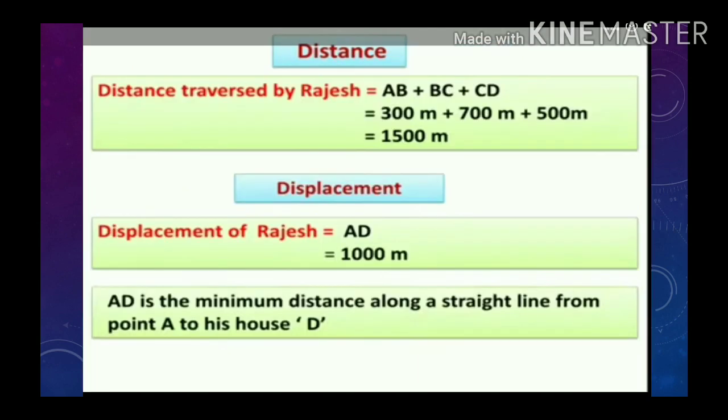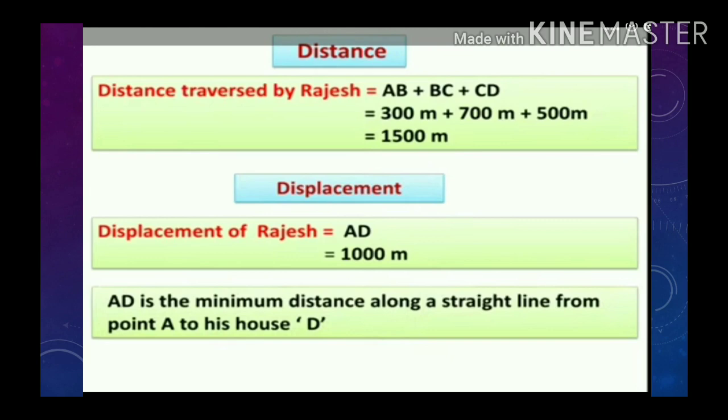See this concept, distance. The distance traversed by Rajesh, AB plus BC plus CD, is equal to 300 meter plus 700 meter plus 500 meter, which is equal to 1500 meter. This is the distance traversed by Rajesh. Then displacement.